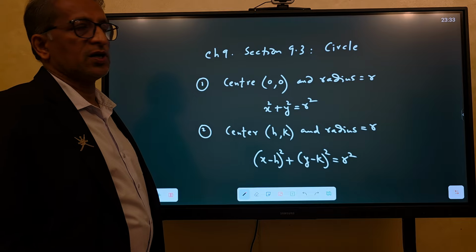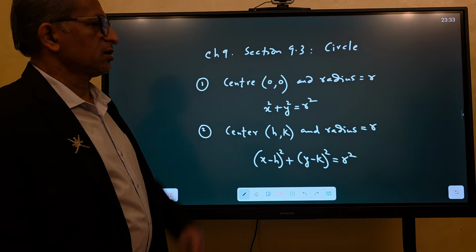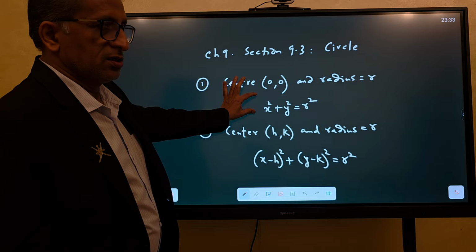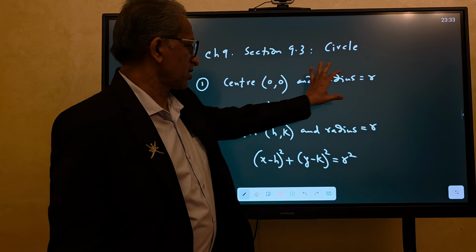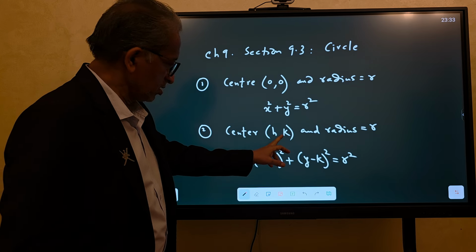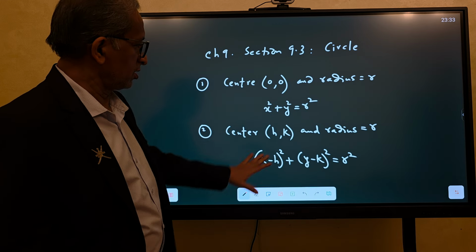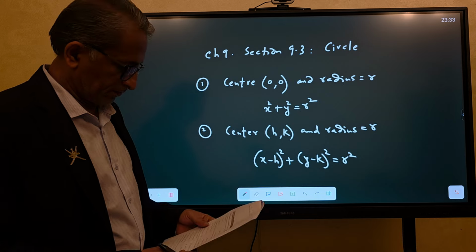So two forms we are going to use in section 9.3. Center 0 0, radius r. Center not 0 0, h and k, and radius r. So remember these two formulas.